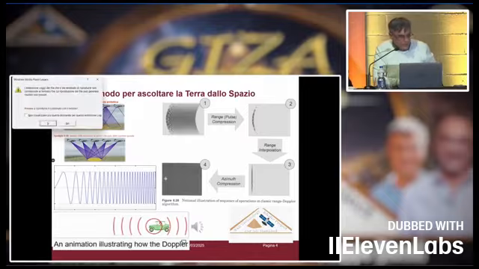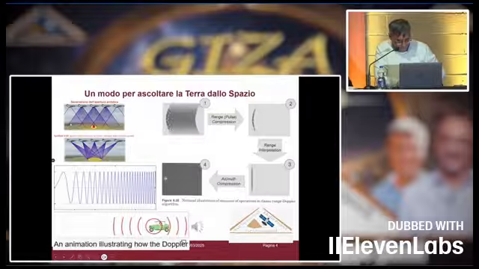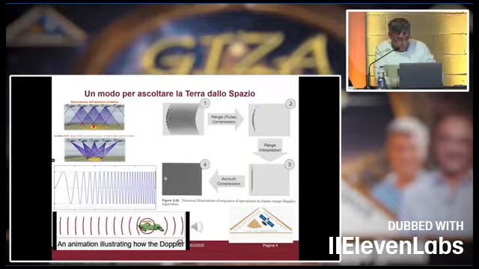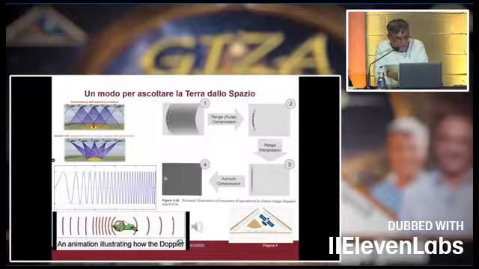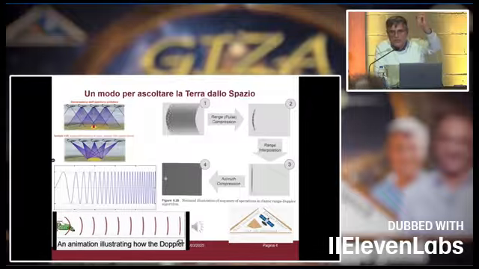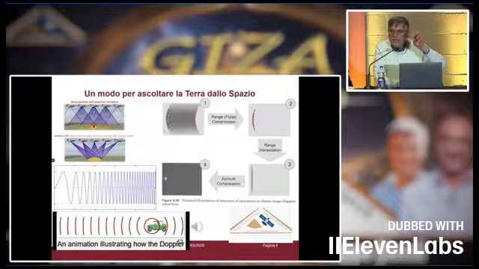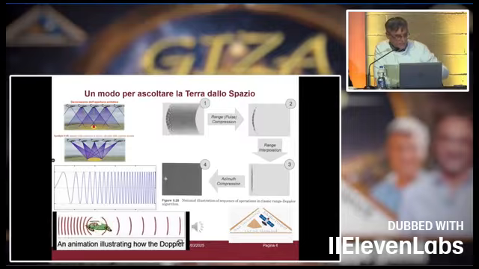For example, look, see this little machine here. Look, as the satellite traverses its orbit, you see the waves it transmits being compressed on one side and expanded on the other.